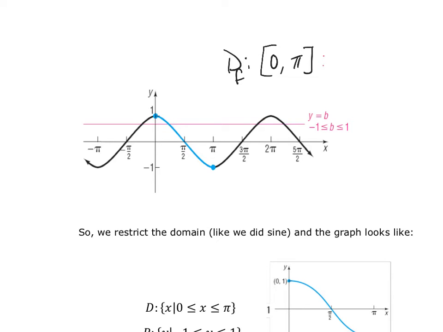The range of my inverse, with no work done. The domain of my inverse is going to be the range of my original function. What is the range of my cosine? Negative 1 to 1. Without any work, what does that become? The domain of my inverse.